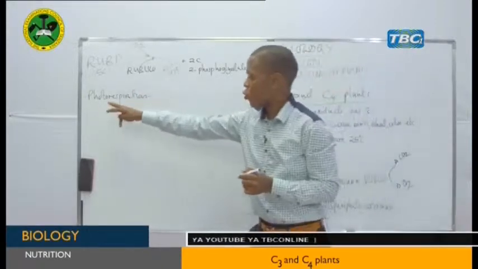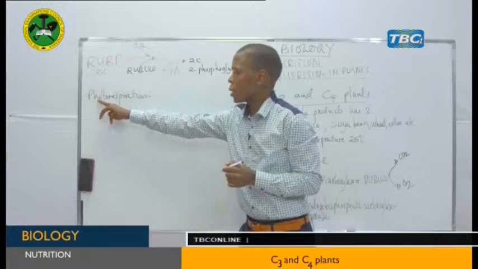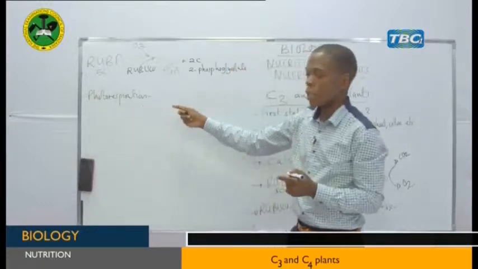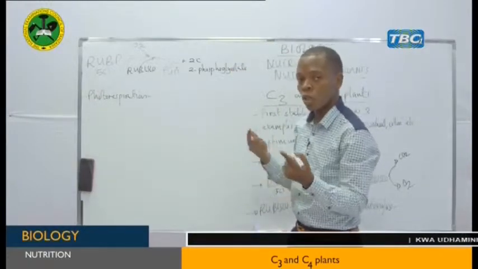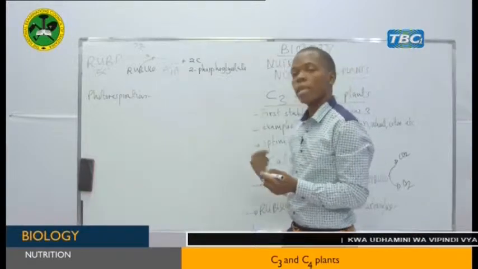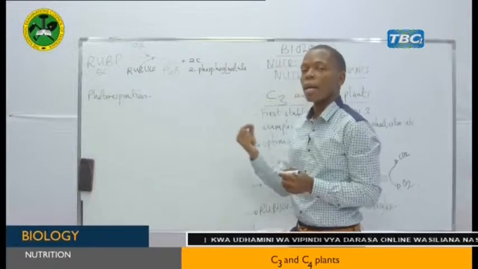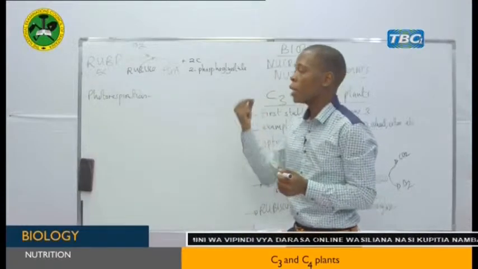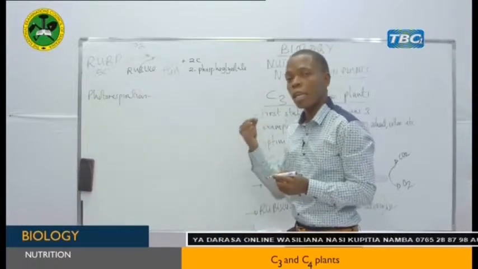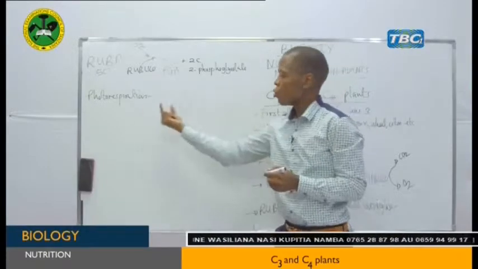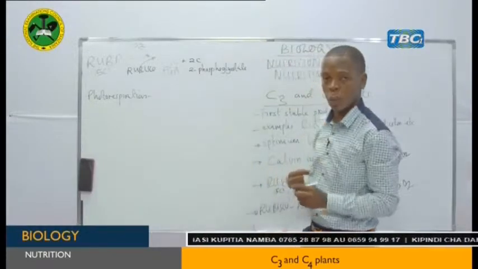Photorespiration, as you can see from this word, photo means light. Respiration, as a normal respiration, we know respiration, it uses oxygen, but also it releases carbon dioxide. Therefore, because this process occurs in the presence of light, but it uses oxygen and also releases carbon dioxide, that is why it is referred to as photorespiration.